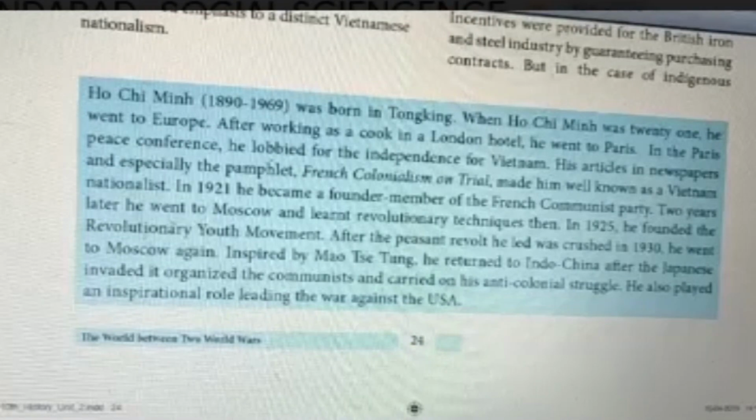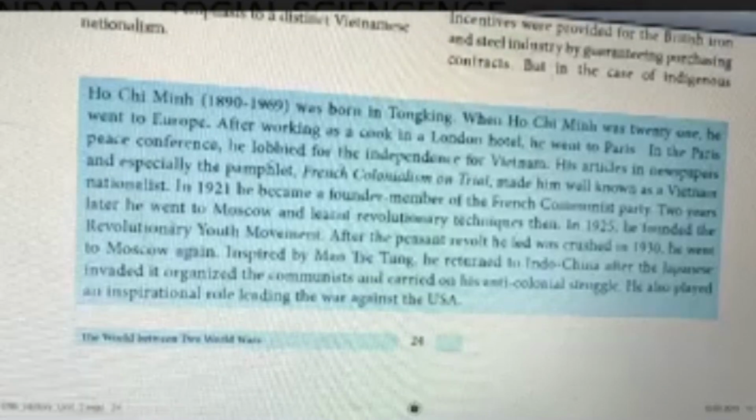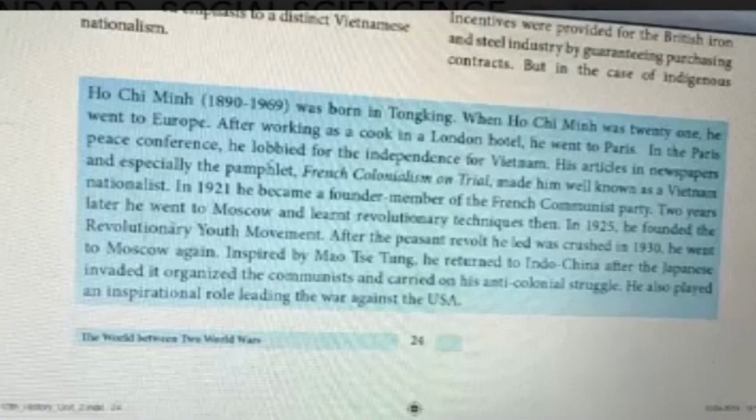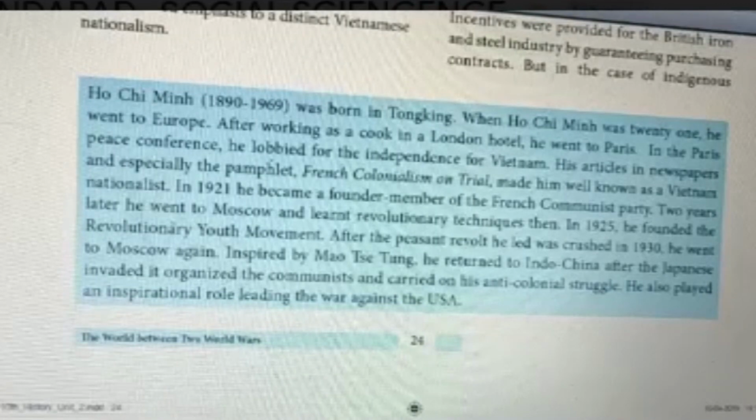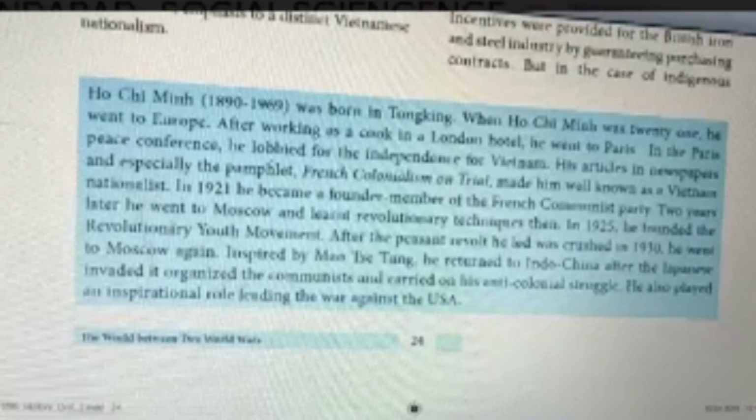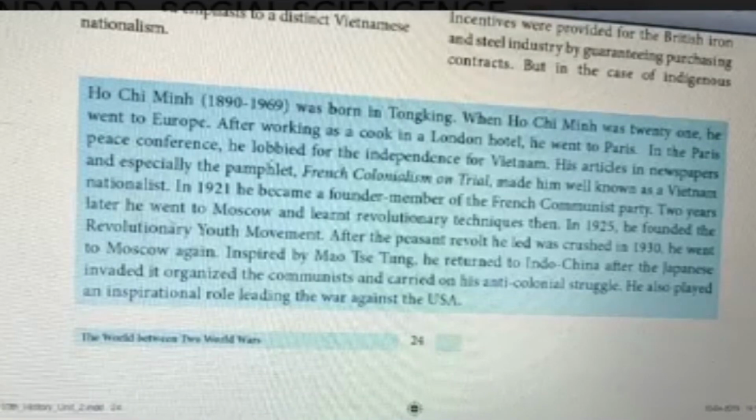In 1911, he took a job on a French ship and traveled widely. He lived in London and Paris, and was a founding member of the French Communist Party. In 1923, he visited Moscow for training at Comintern, an organization created by Lenin to promote worldwide revolution.